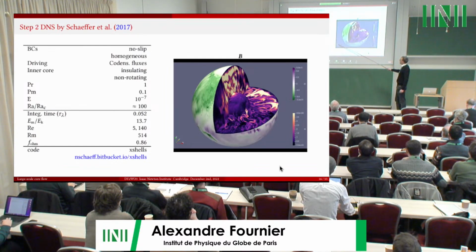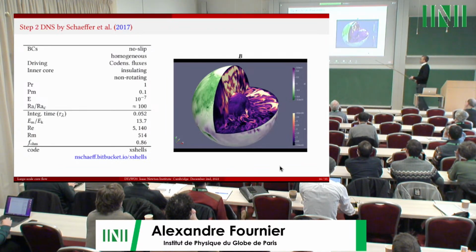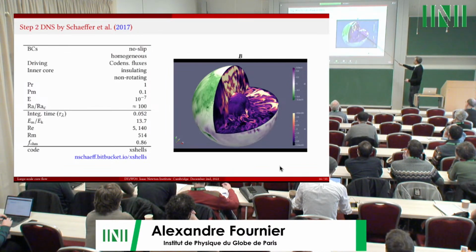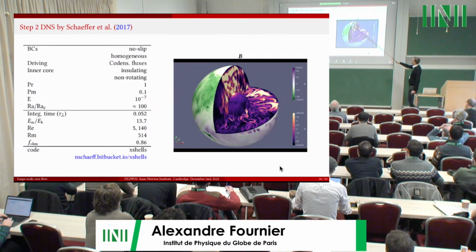And it's been run with the XSHELLS code, which is an excellent code to tackle a variety of problems in spherical geometry. So this is the magnetic field in the simulation. The surface magnetic field is dipole dominated, and the interior dynamics of the magnetic field is extremely rich, and the magnetic field is particularly strong inside the tangent cylinder.